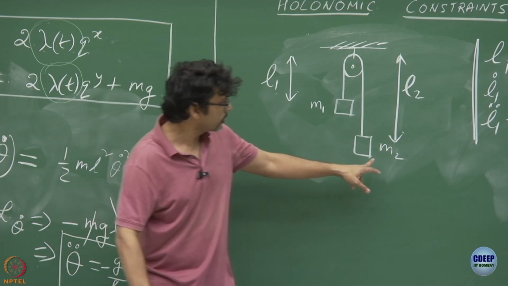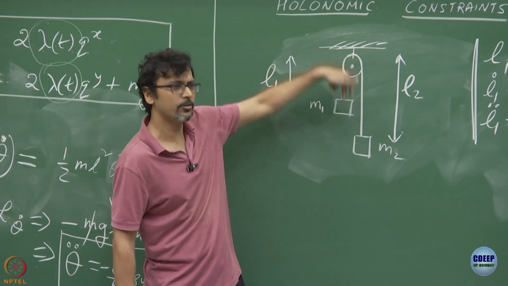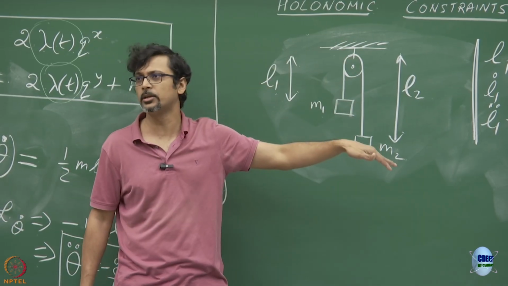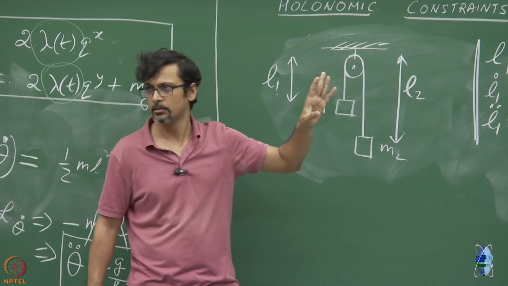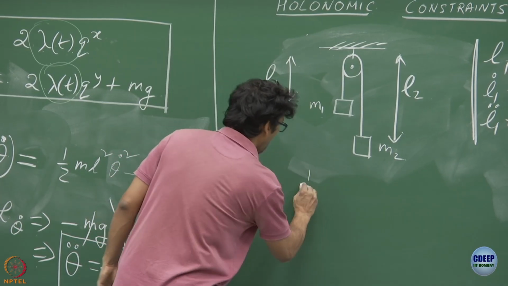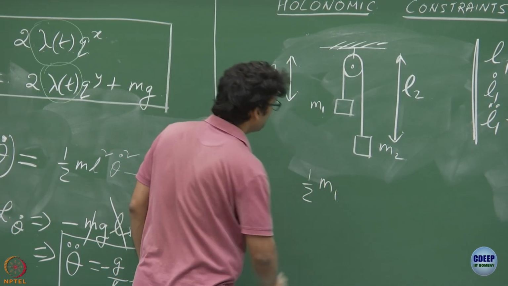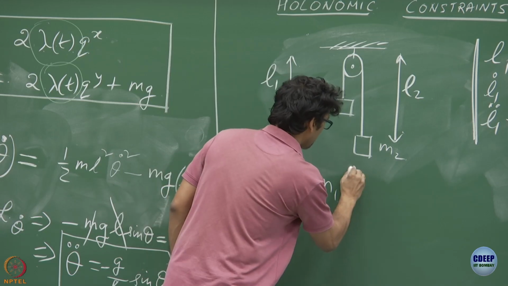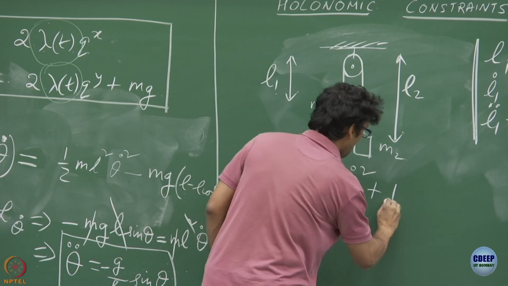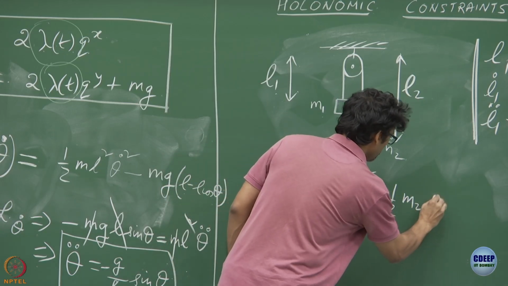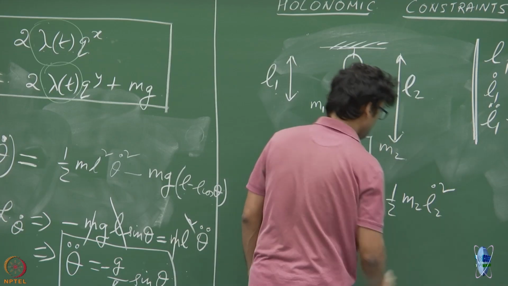Yeah, this one's velocity is L2 dot. There's only things happening in the vertical direction. Nothing happens in the horizontal direction. There's no wind or anything. So what's the kinetic energy? Half m1 L1 dot squared plus half m2 L2 dot squared.